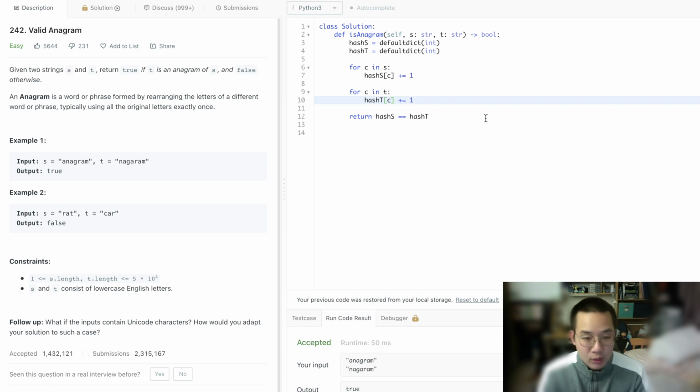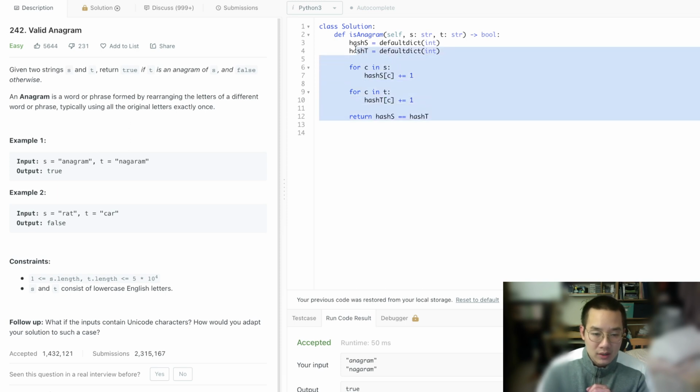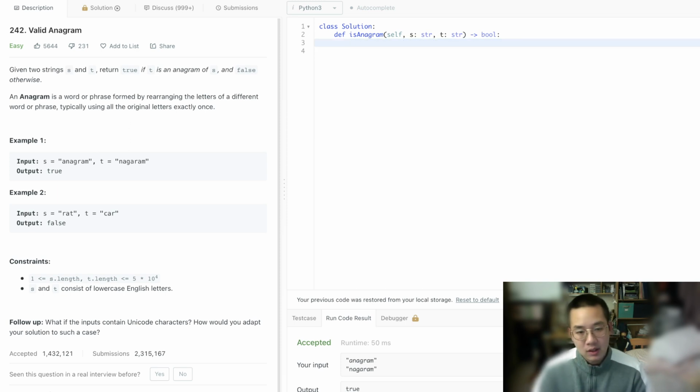Suppose we were forced to use an array instead. We could use the Unicode. So count s and count t is equal to 0 times 256. This is how you get 256 zeros.